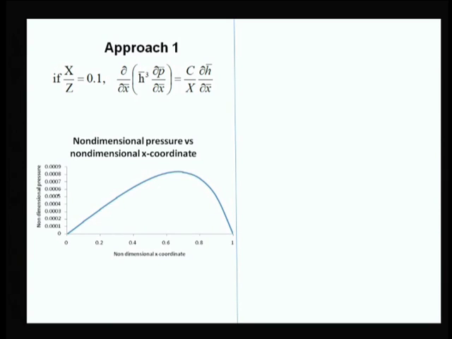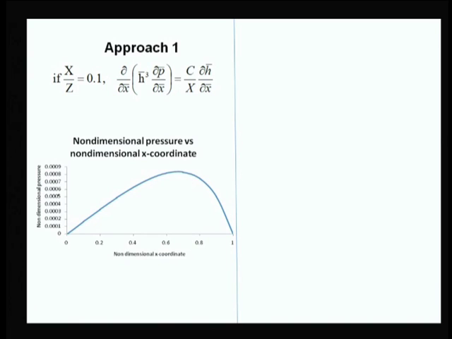And what we obtain is a pressure profile distribution, something like this. Say the non-dimensional x coordinate; when plotting it, we divided it into 11 divisions or 10 domains, 0 to 0.1, 0.1 to 0.2, and this is the non-dimensional pressure.